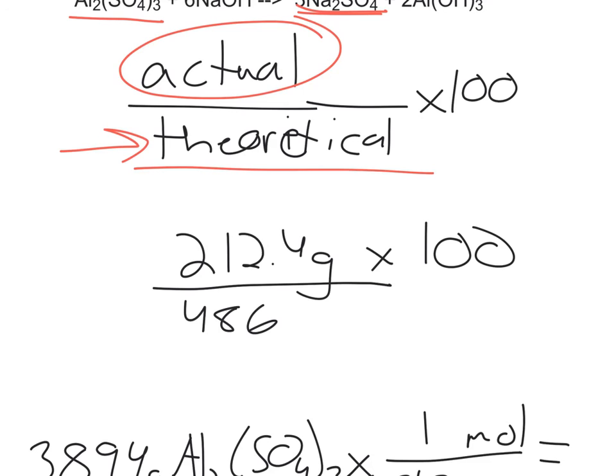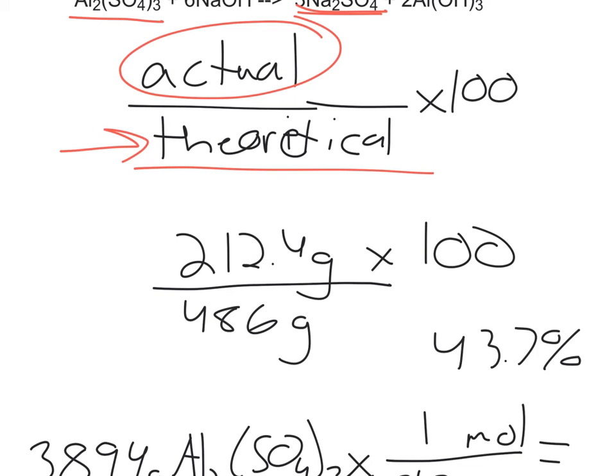So now I can take top number, this is a grams, top number divided by bottom number times 100. We'll do that in our calculators. So 212.4 divided by 486, and multiply by 100, I get about 43.7%, or about 44%. Not a great yield. That's okay.